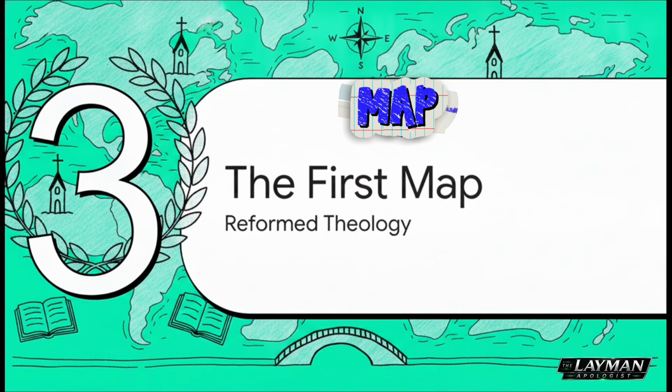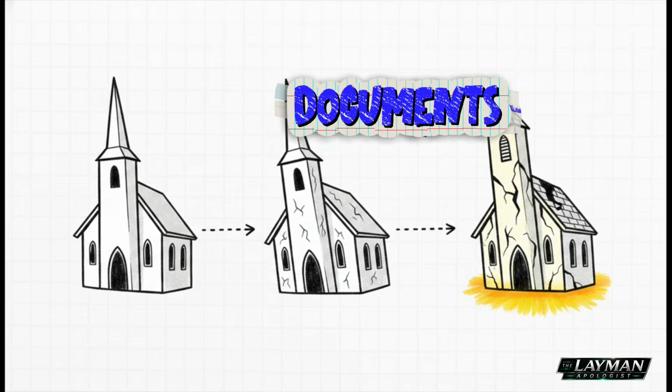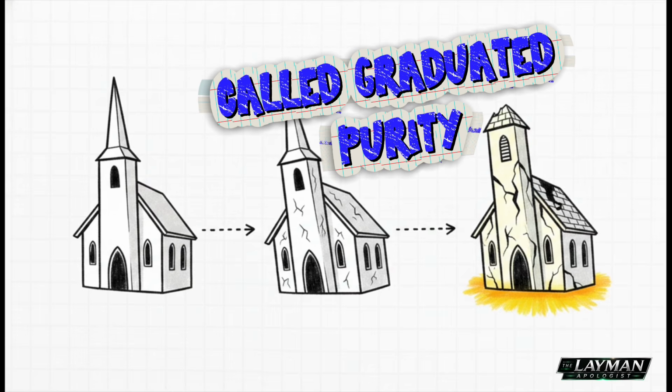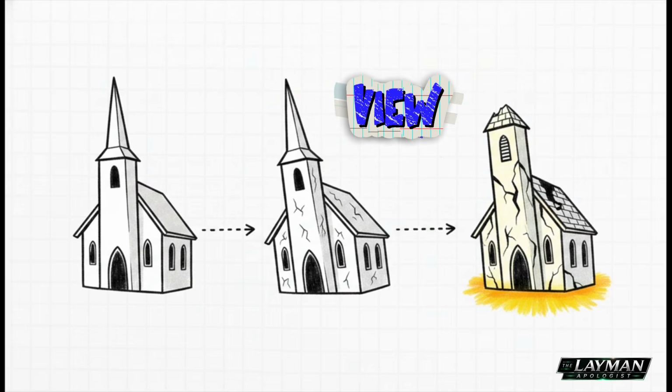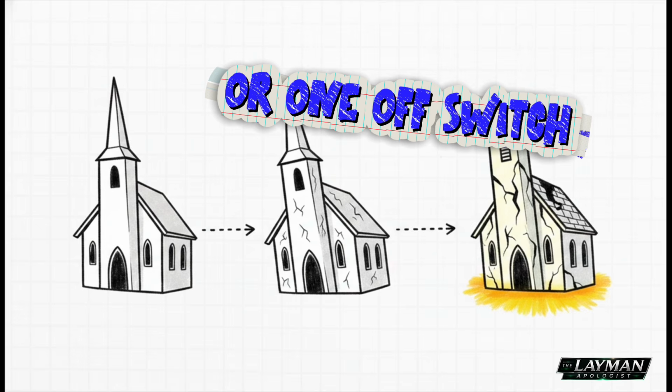Section 3, the first map, Reformed theology. Okay, so the Reformed tradition, which I'm part of, which is highlighted in documents like the Westminster Confession, introduces a fascinating concept called graduated purity. They view institutional purity as a spectrum, not just a binary or one-off switch.